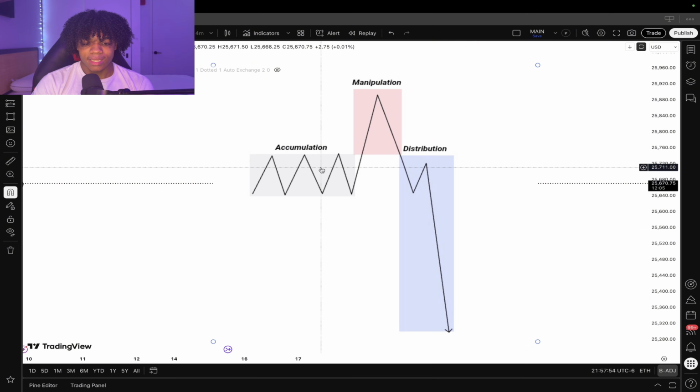It's the same thing as our consolidation, right? Price manipulated above or below that consolidation. And then the distribution phase is when we go deeper into that range. So consolidation, move above or below, and then we have a push in the opposite direction.